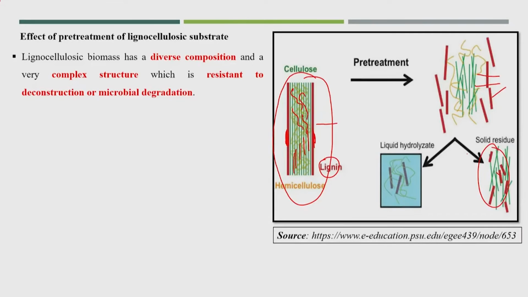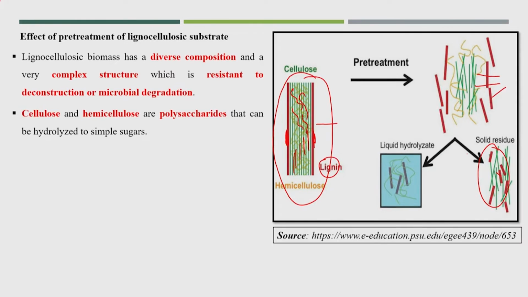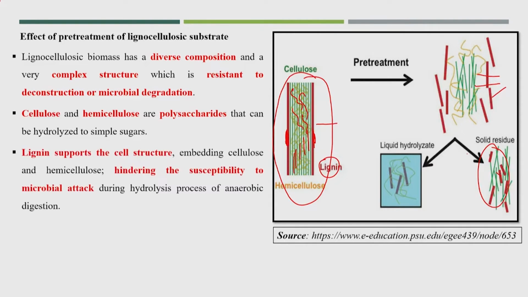Now, this lignocellulose biomass has a diverse composition and very complex structure which is resistant to microbial degradation, and cellulose, hemicellulose and polysaccharides can be hydrolyzed to simple sugar. Okay. And lignin supports the cell structure, embedding cellulose and hemicellulose, hindering the susceptibility to microbial attack during the hydrolysis process of anaerobic digestion. So, that is what I was talking about here.